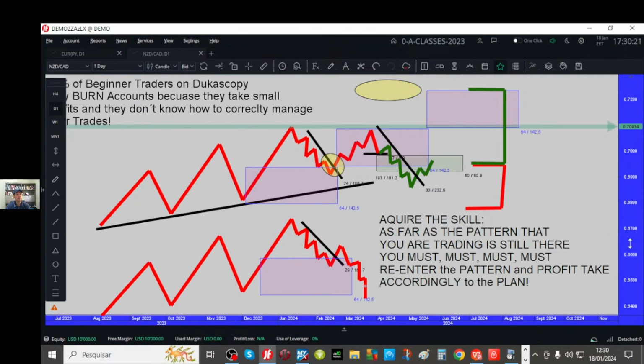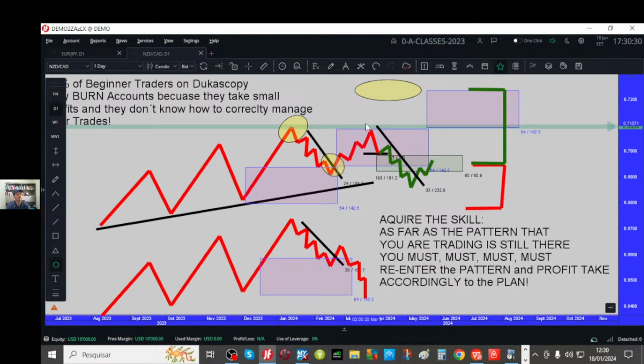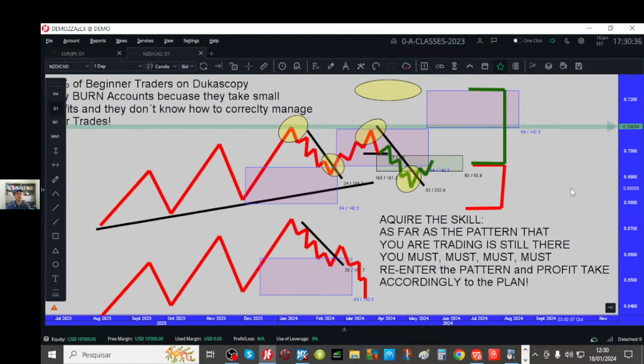So now we have another issue. High to low, to lower high, to lower low. Are we still in an uptrend or are we in a downtrend? This is the learnable skill.